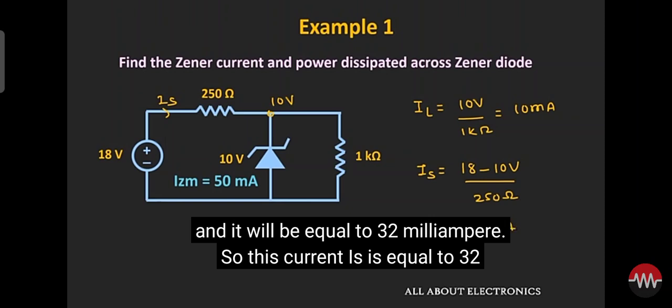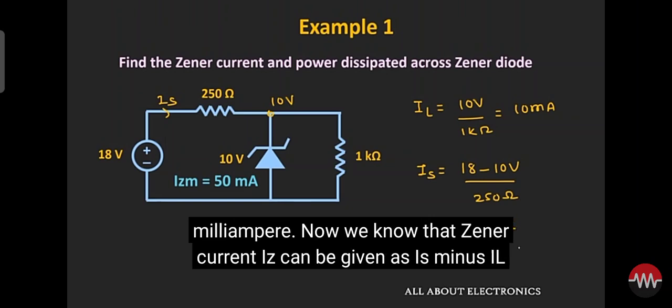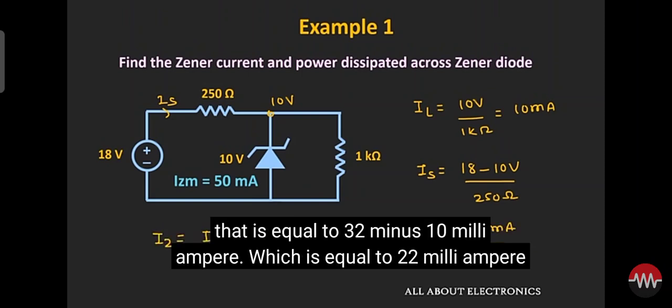So this current IS is equal to 32 milliampere. Now we know that Zener current IZ can be given as IS minus IL, that is equal to 32 minus 10 milliampere, which is equal to 22 milliampere.